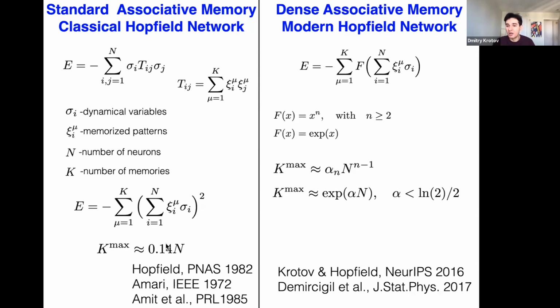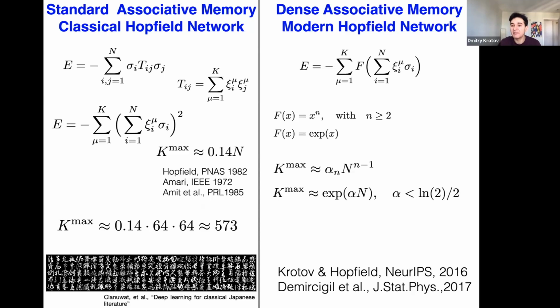Now, for someone who works on designing novel AI architectures, it turns out that this limitation is extremely annoying for a whole bunch of reasons. Let me give you one reason. Imagine, for example, that we are trying to solve a very simple task. Imagine that I'm a Japanese person and I want to learn kanji characters. So here in the bottom of this slide, you can see a few examples of kanji characters digitized on a pattern of 64 by 64 pixels.